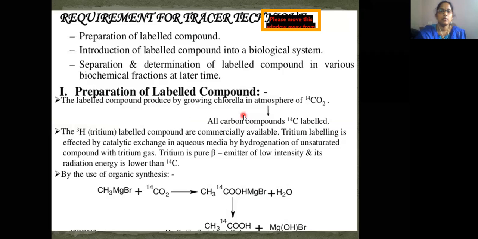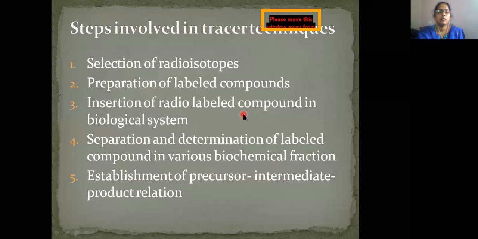Next are the steps involved in the tracer technique. We have 5 steps. The first one is selection of radioisotope, the second is preparation of labeled compounds, the third is insertion of radiolabeled compound in the biological system, the fourth is separation and determination of labeled compound in various biochemical fractions, and the last is establishment of precursor-intermediate-product relation.